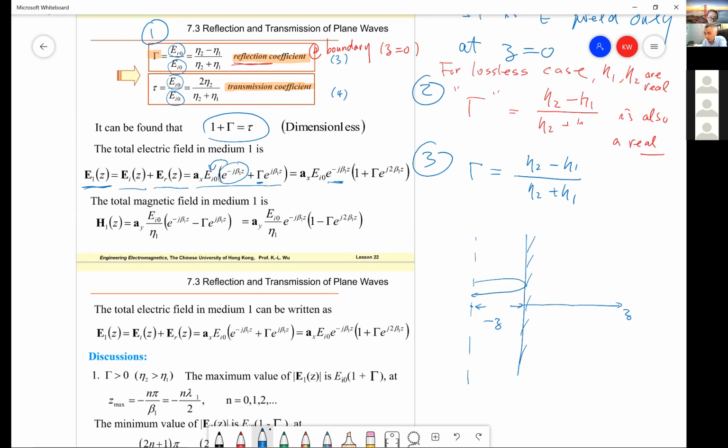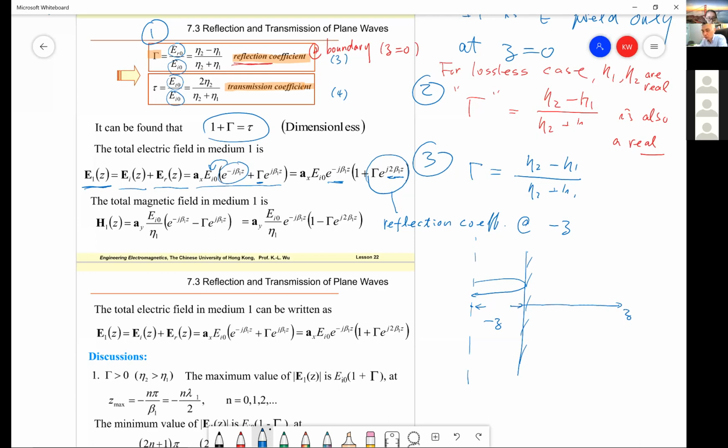So I have 2 times minus z traveling in beta 1. What is this? This is the reflection coefficient at the minus z location.